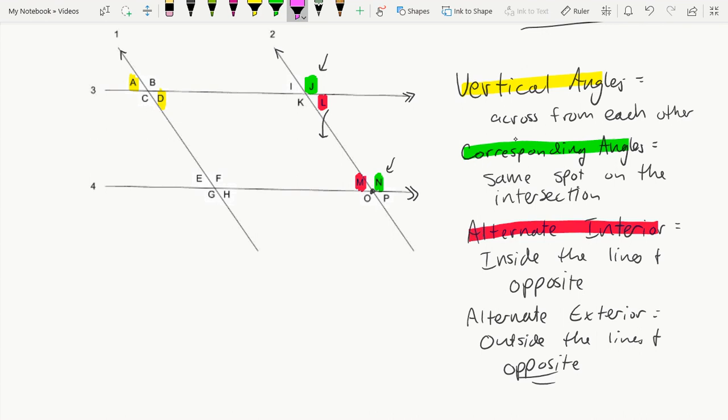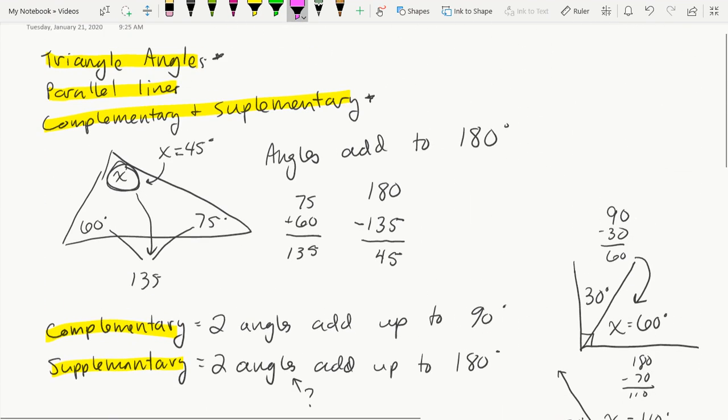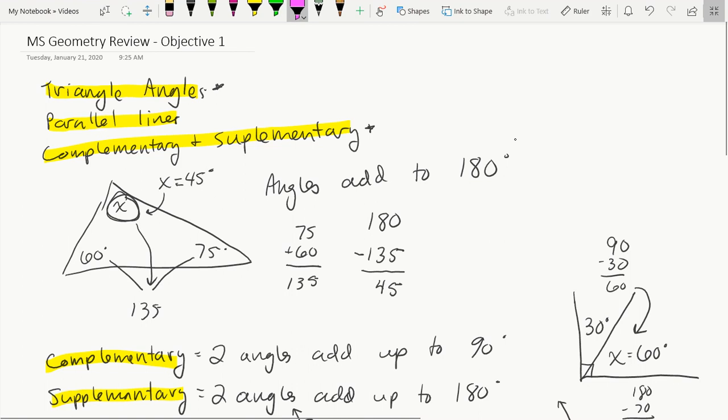All right, so let's go B. Now B is outside of these two lines, of lines 3 and 4. And I'm going to go across the line and also still outside. So B and G are outside, but on opposite sides of the line, so they are alternate exterior. Okay, that is all of the stuff that you are going to need for Objective 1 on the middle school geometry review.